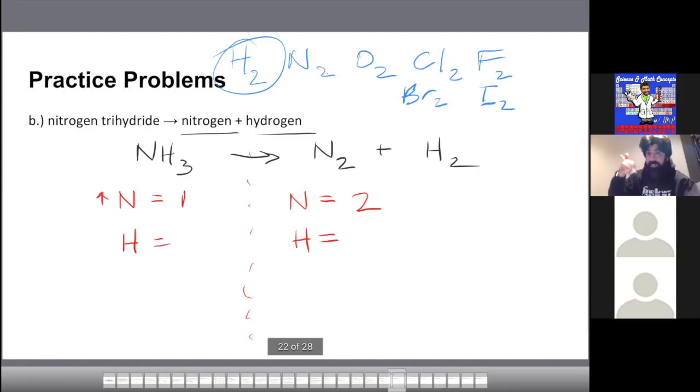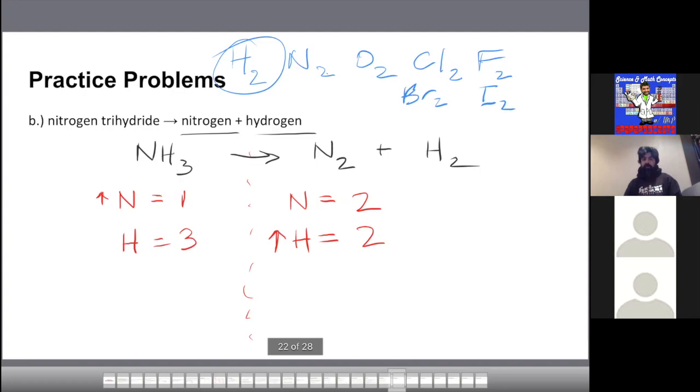We can only increase, we don't decrease, we always increase. So the arrow goes there. Let's look at the hydrogens. There are 3 hydrogens on the reactant side. There are 2 on the product side, which means I need to increase the side that is lowest.